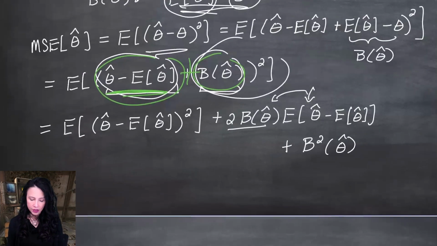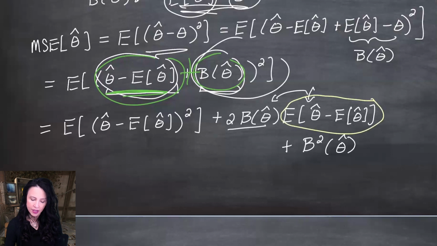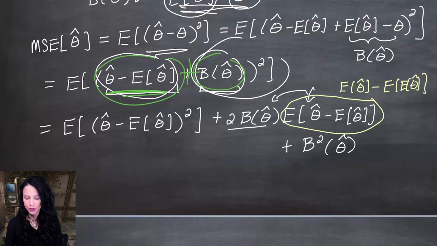Okay, let's look real quick at this middle term. If I run the expectation across this, I get the expected value of theta hat minus the expected value of theta hat. So the expected value of theta hat is a constant, it's not random.